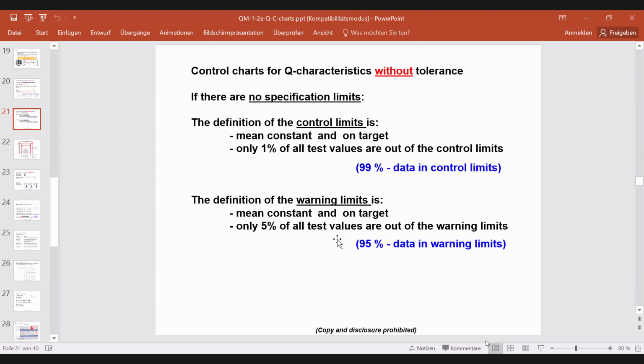And if you think of the warning limits, if you have no tolerance, you have warning limits, then 95% must be inside the warning limits. You can say the warning limits are the smaller area. It is the 95% area, and the control limits are the 99% area.